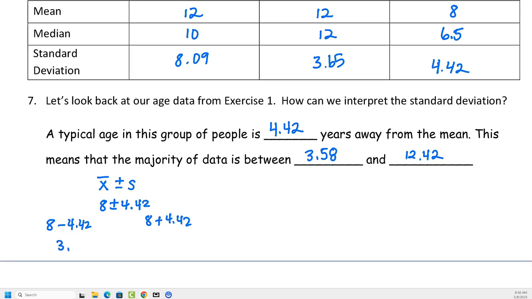So that's where I got the 3.58 and the 12.42. Okay. Get an idea?